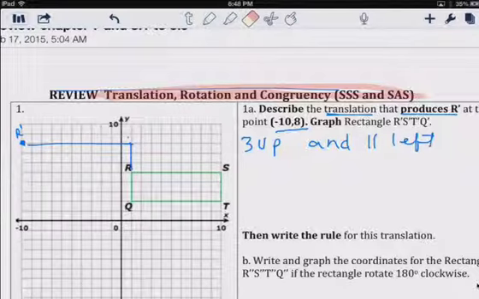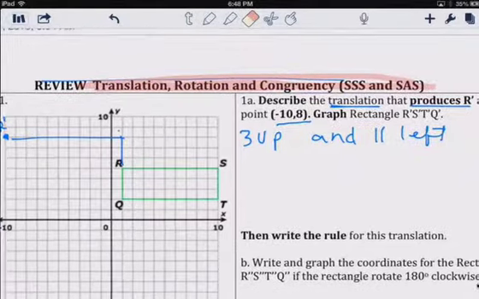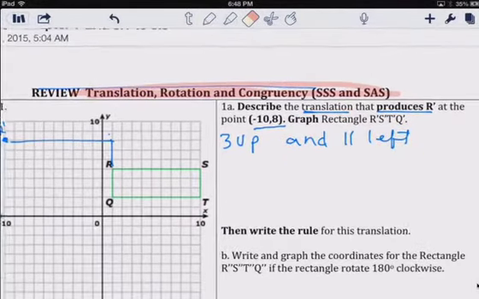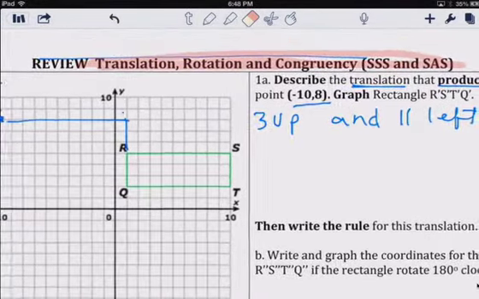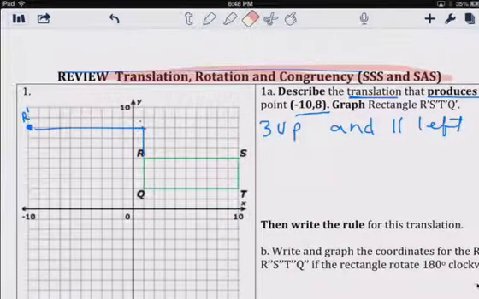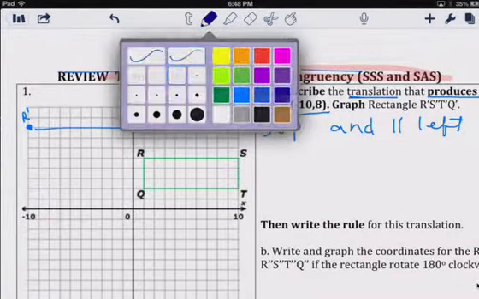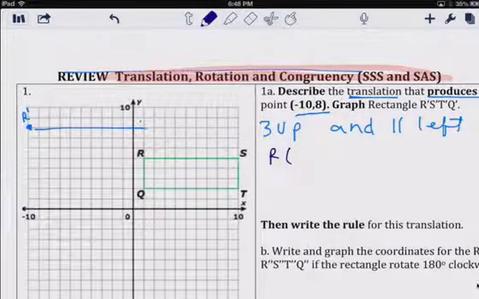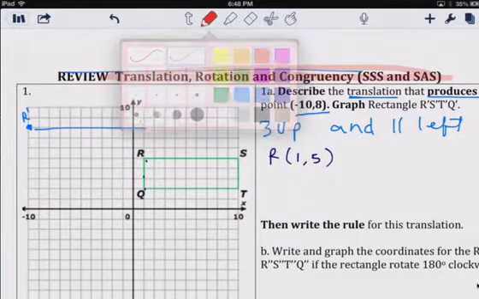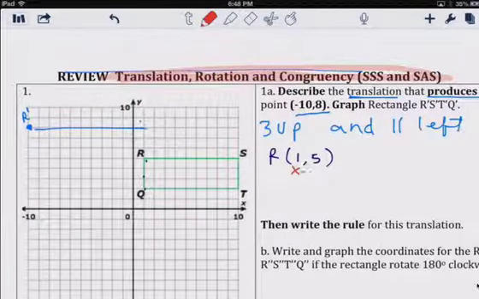Double check, make sure I'm right. Mathematically, this R is at 1, 5. So 1, 5 to get to negative 10, I have to do x minus 11.